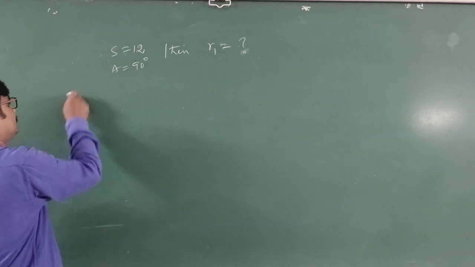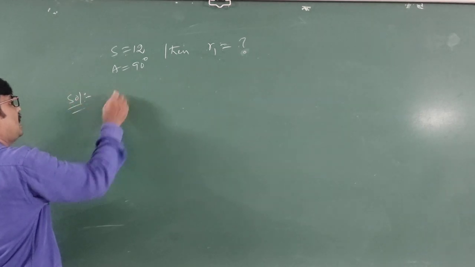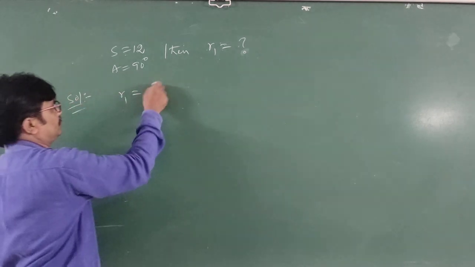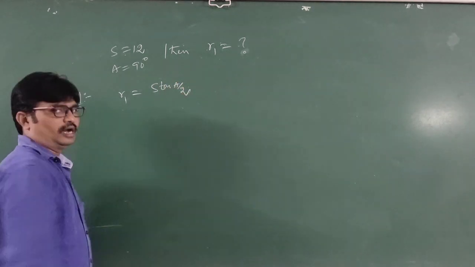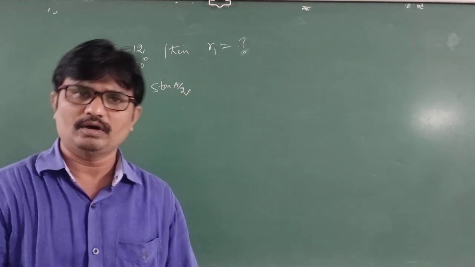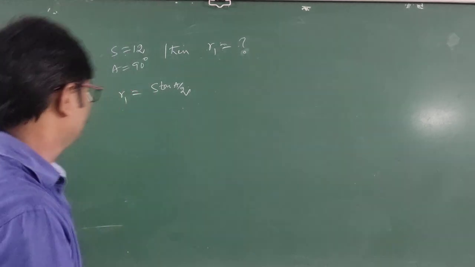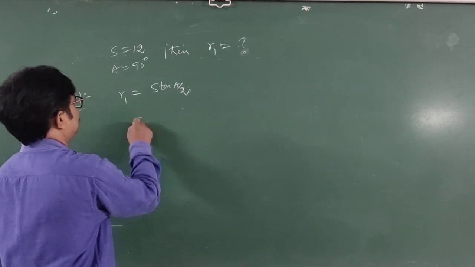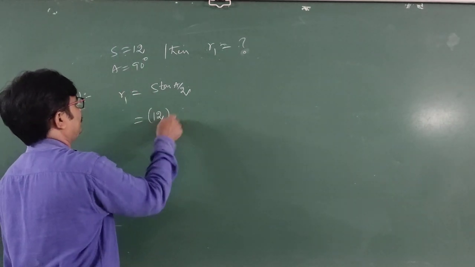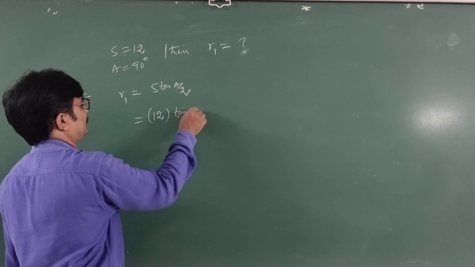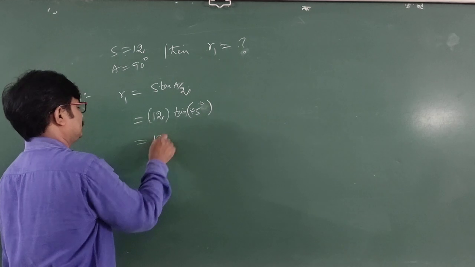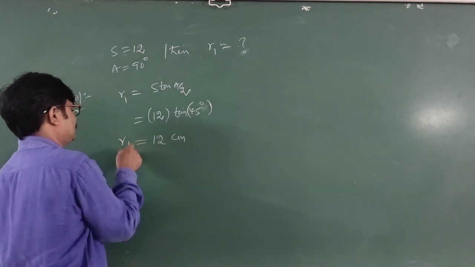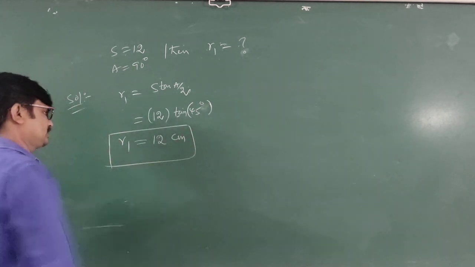Just now we discussed that r1 is s tan a by 2, r2 is s tan b by 2, r3 is s tan c by 2. This is 12 into tan 90 by 2, which is 45 degrees. Now students, this is 12 centimeters, the radius of the excircle.